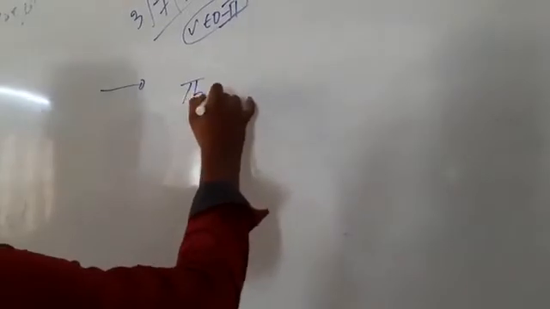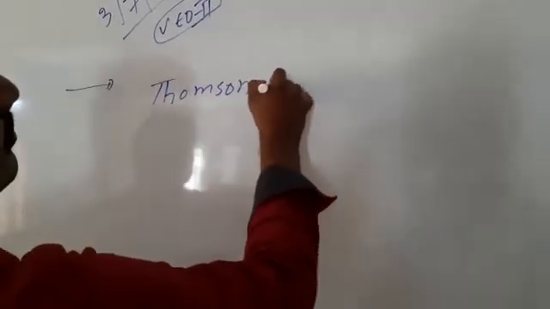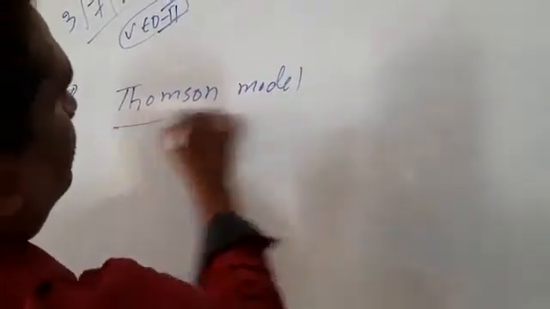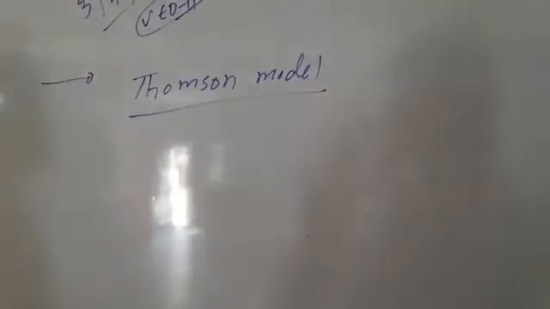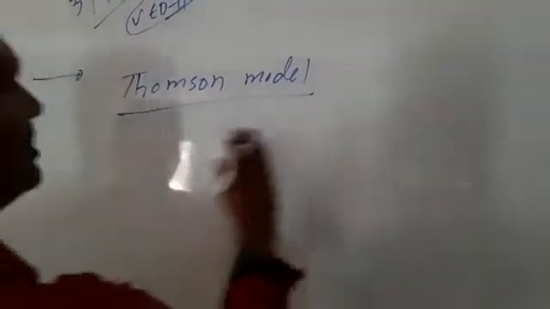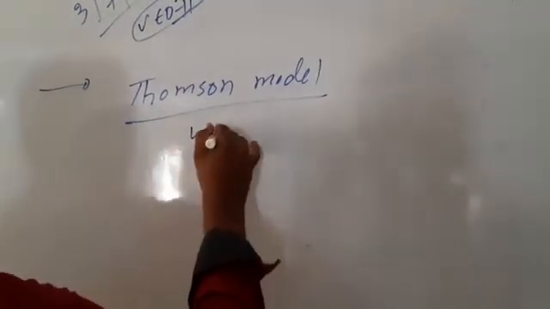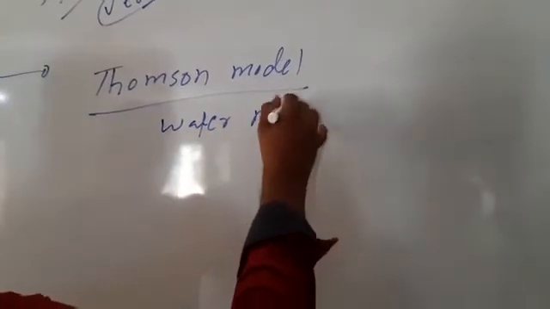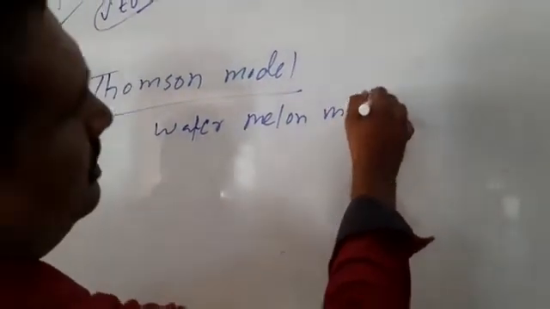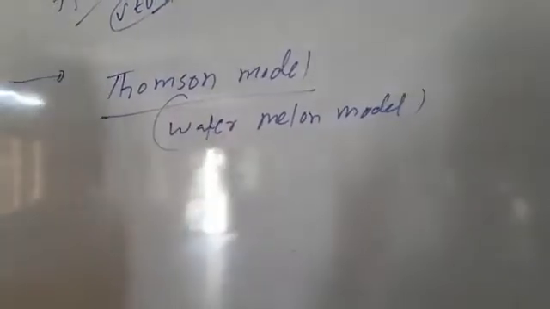First, the Thomson model. According to the Thomson model, he compared the atom to a watermelon model, or plum pudding model.